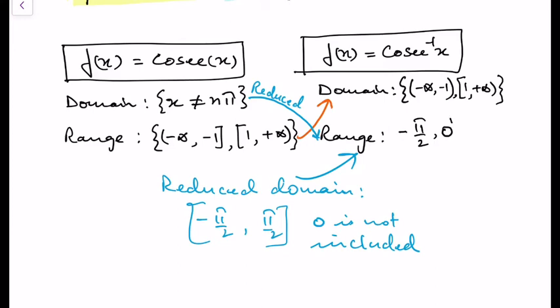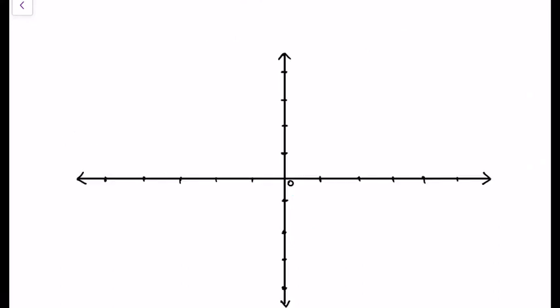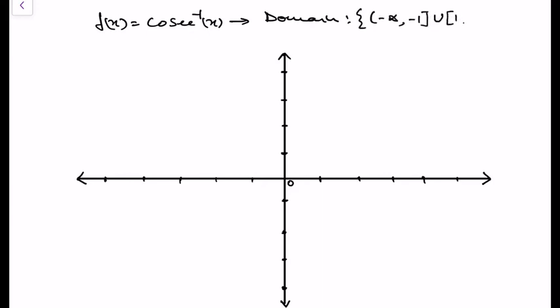So the range is from minus pi by 2 to 0, and 0 is not included, and then from 0 to pi by 2. So for the function f(x) is equal to cosec inverse x, the domain is minus infinity to minus 1, and then from 1 to plus infinity.